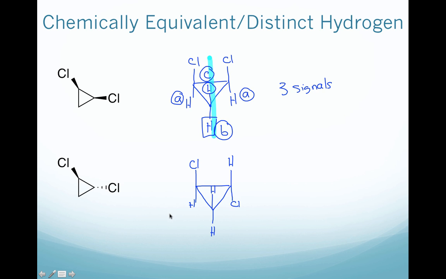Now, if we look at this one, we have this proton, and think about what it sees. Well, directly across from it is a chlorine. Attached to the same carbon is a chlorine, but it has a cis chlorine on this side. But now if we compare that to this hydrogen, on its carbon it has a chlorine attached, and it also has a cis chlorine. So these two hydrogens are in fact chemically equivalent.